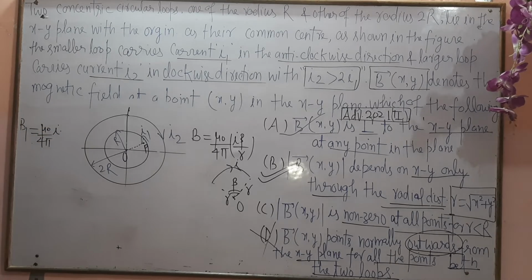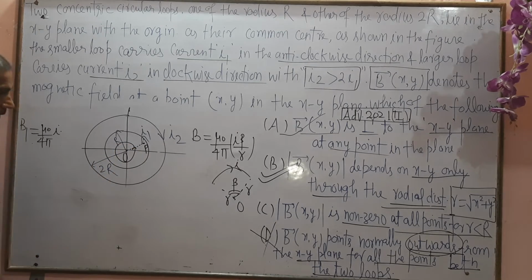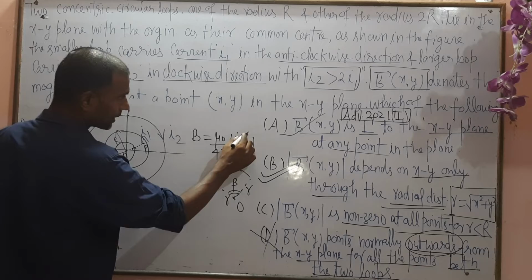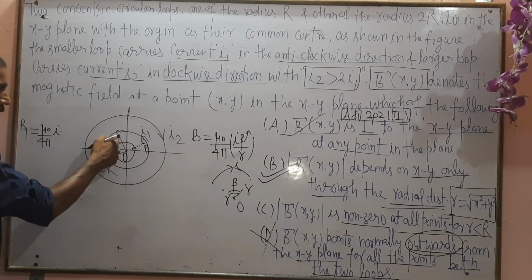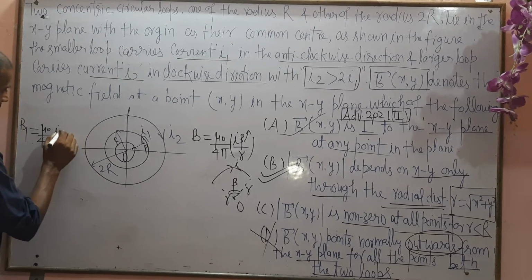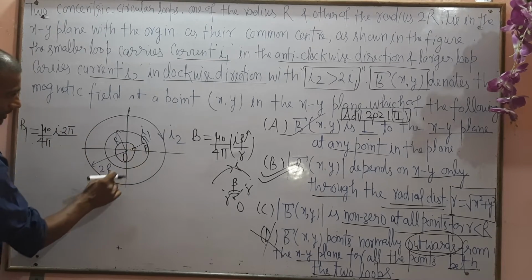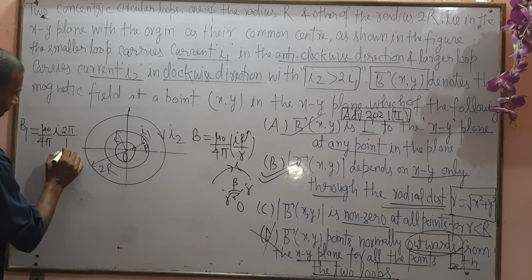Beta is the total angle in radians. Radian means this whole angle is 2 pi. This is 2 pi divided by radius capital R.